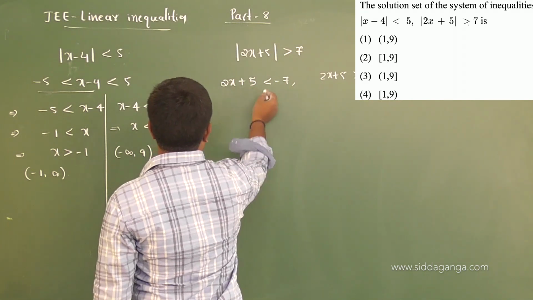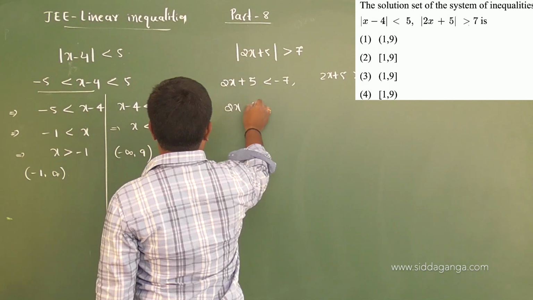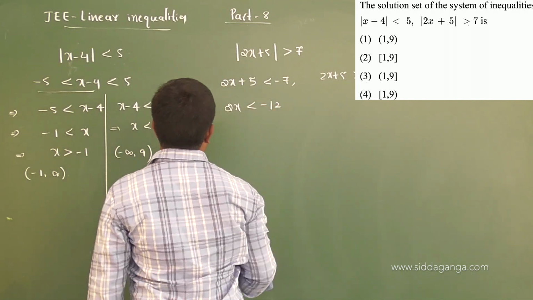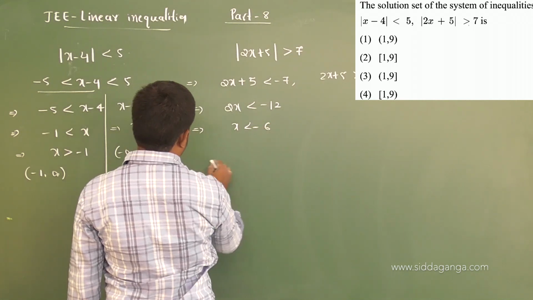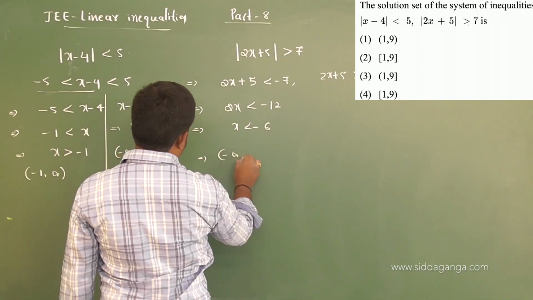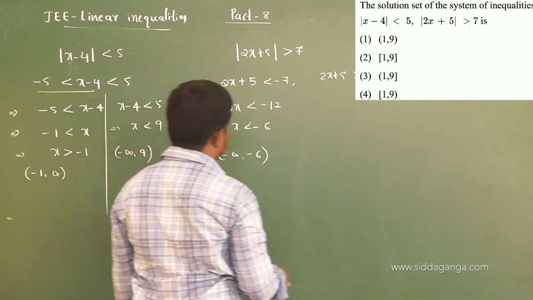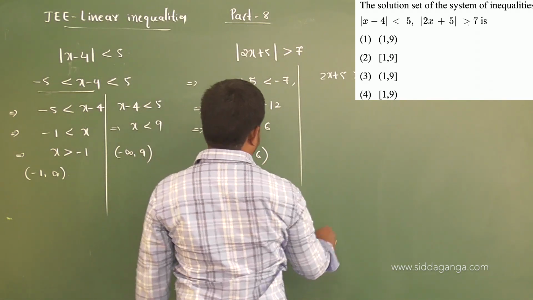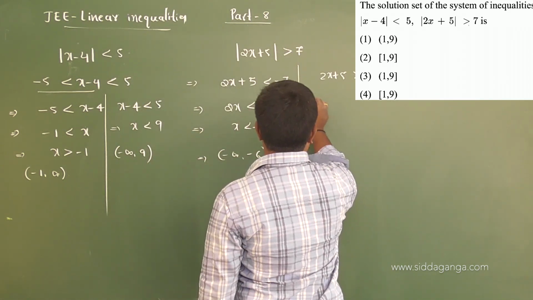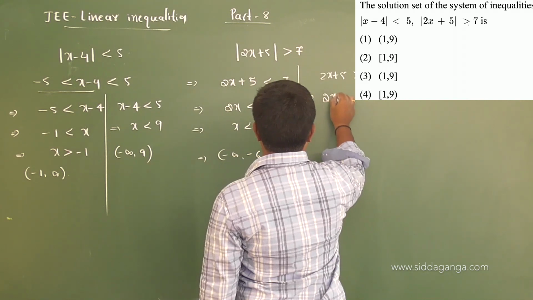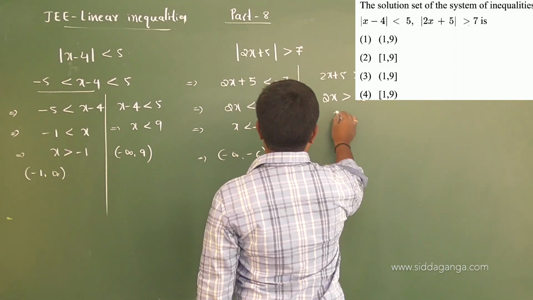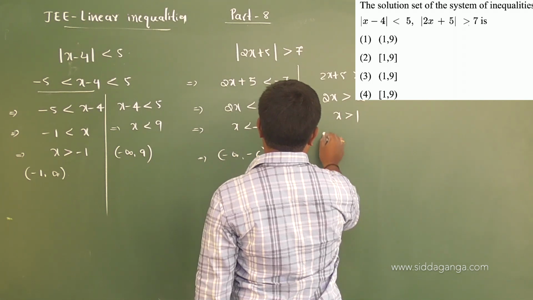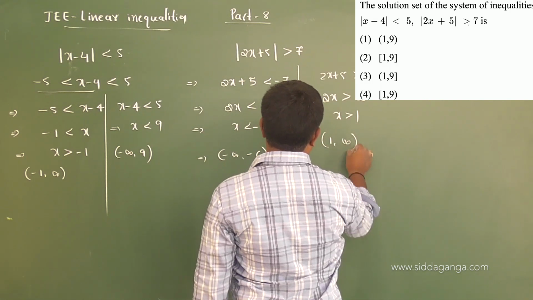Adding minus 5 on both sides, you get 2x less than minus 12. Dividing by 2, x is less than minus 6, that is minus infinity to minus 6. And here, adding minus 5 on both sides, you get 7 minus 5, that is 2. Dividing by 2, x is greater than 1, that is 1 to infinity.